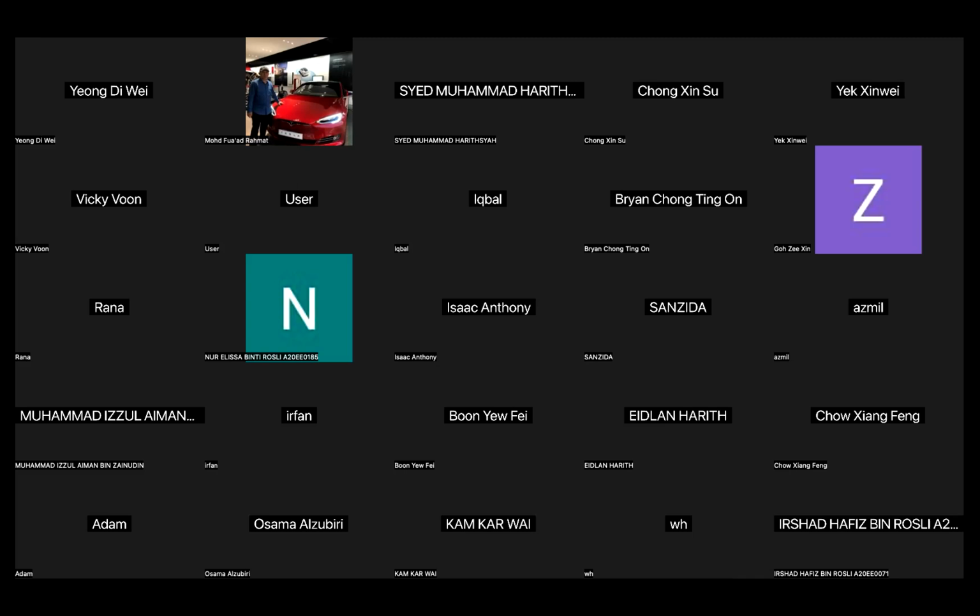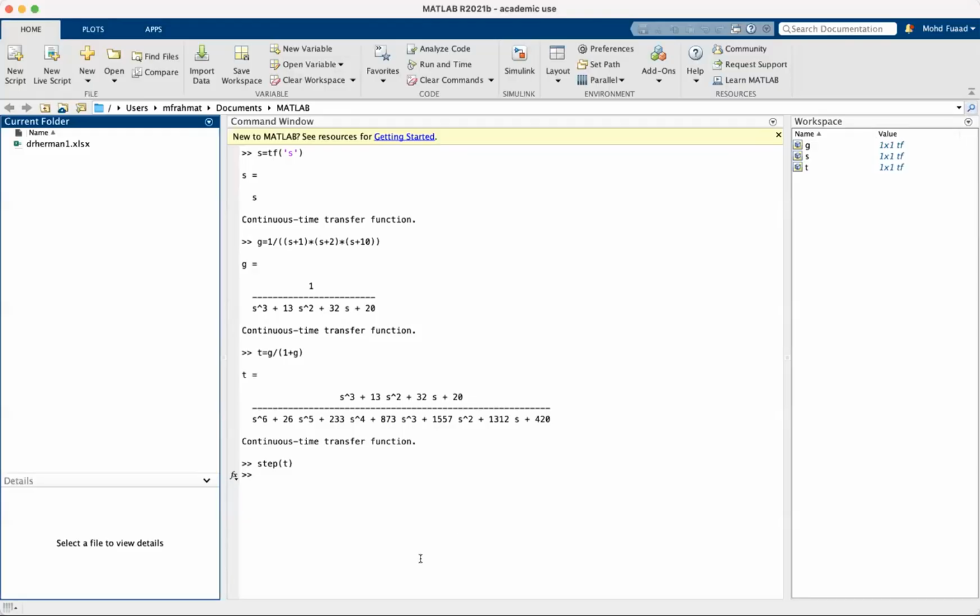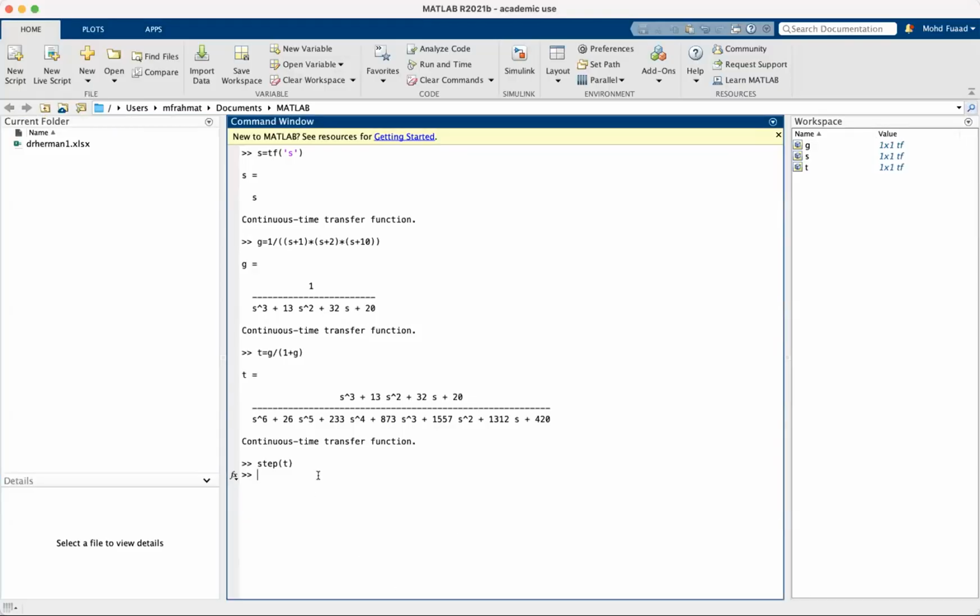So now we close this one. What we will do is go to the G again. This is G, the open loop transfer function. We just add another new G. G is equal to G multiplied by (s plus 0.1) divided by s.